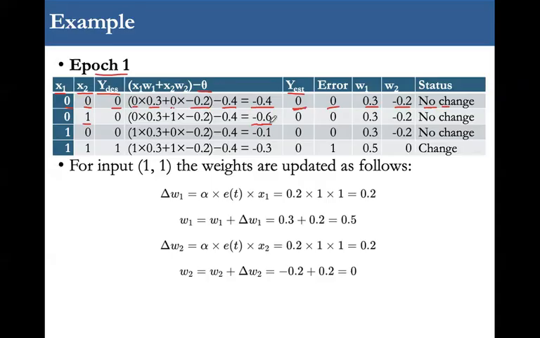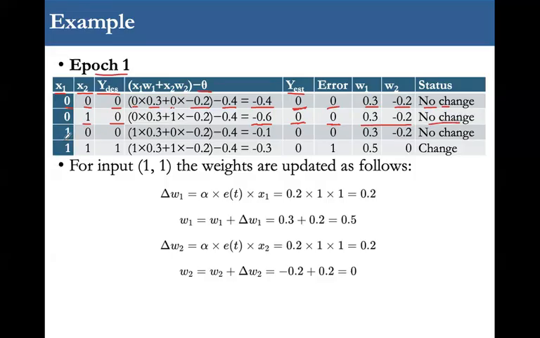This is the negative value. So the activation function produces a value 0. Now we find out the error. What is the error? Error is the difference between y desired and y estimation. The error is 0. Both are 0. So the error is 0. And so there is no change in the weight.